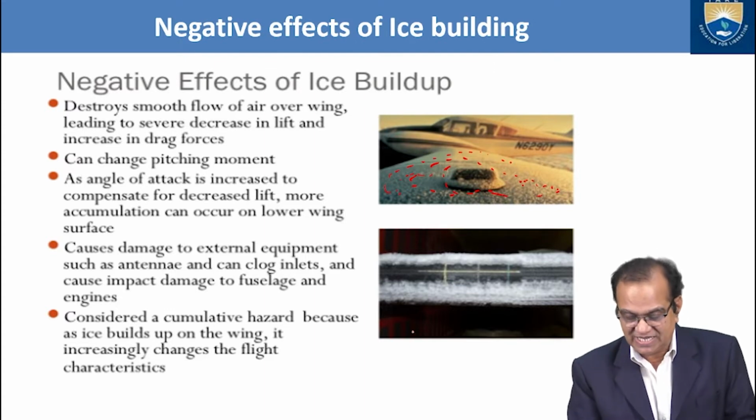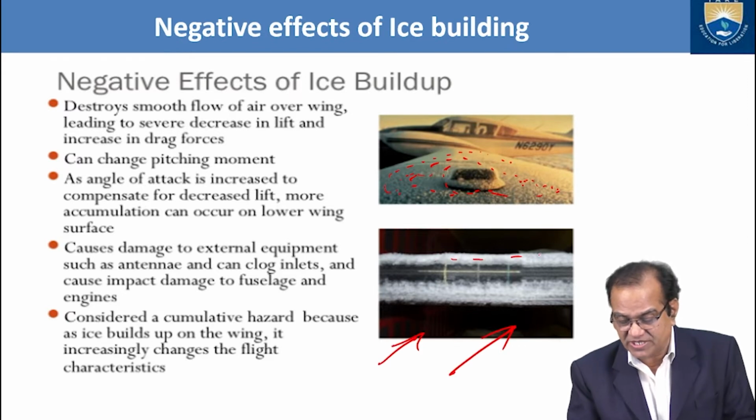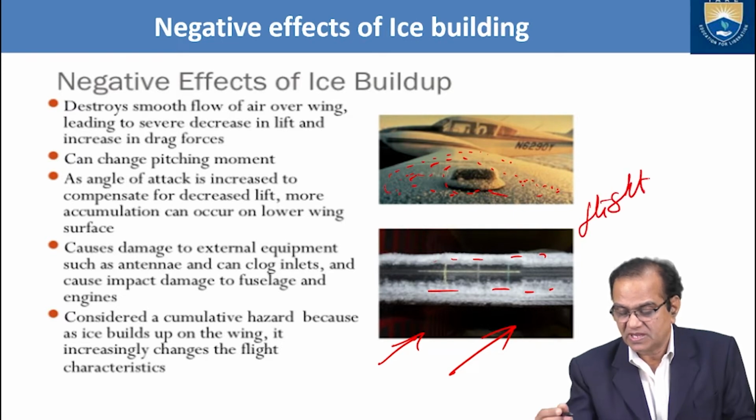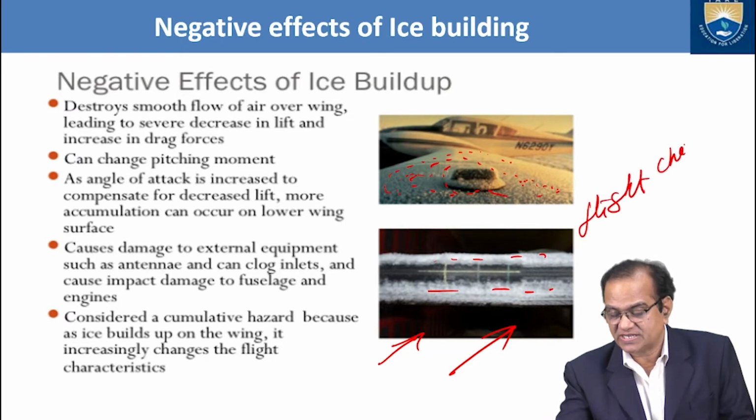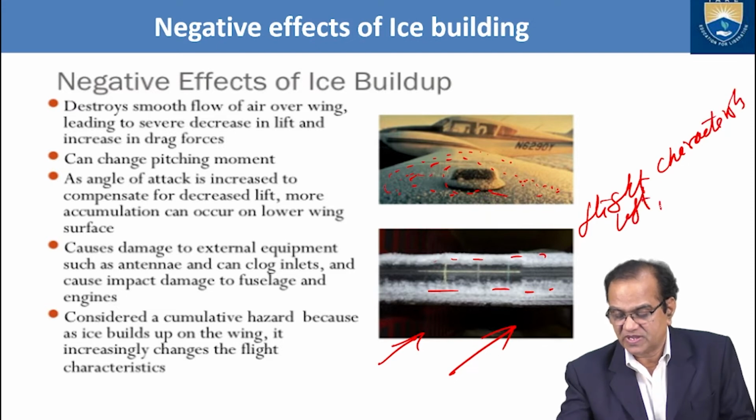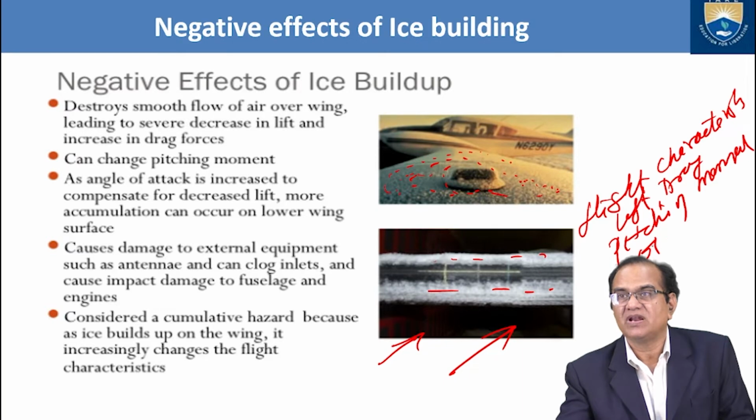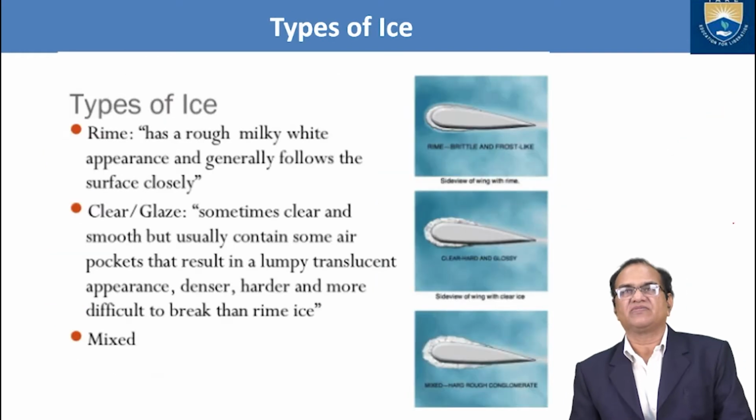You can see in this diagram, as ice is formed here and here, the flight characteristics like lift, drag and pitching moment will change. So these are the effects of this.